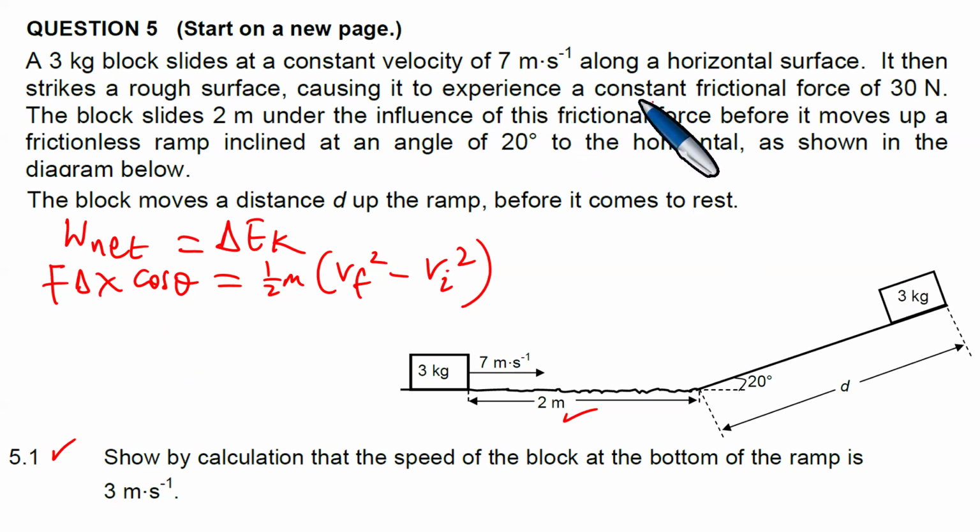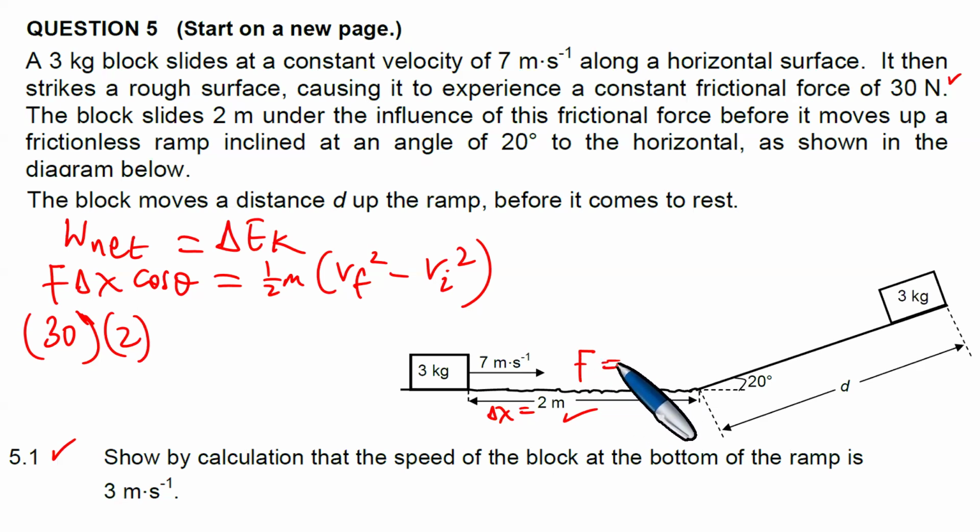There is a constant frictional force of 30 newtons, which means you have 30 newtons here, and the delta x is 2 meters. We are sure that the frictional force is the net force, the only force acting on this block as it slides.